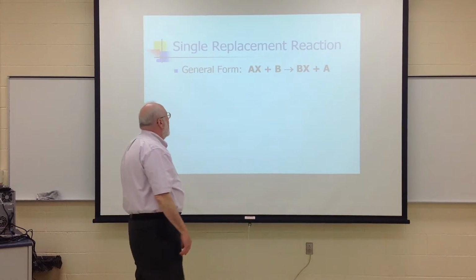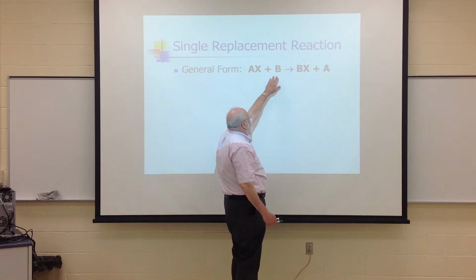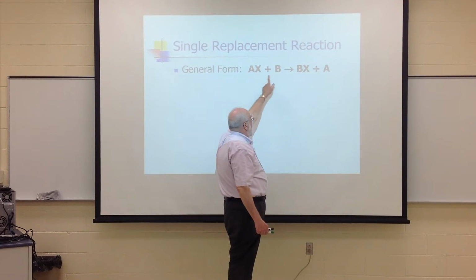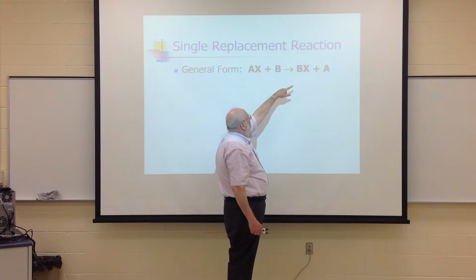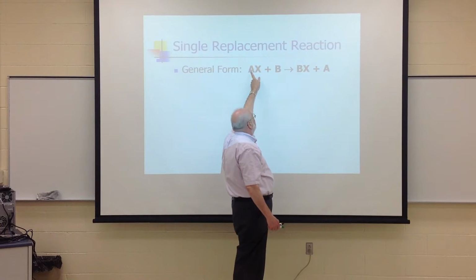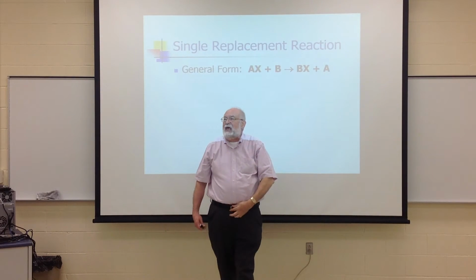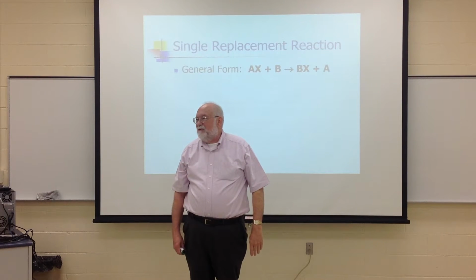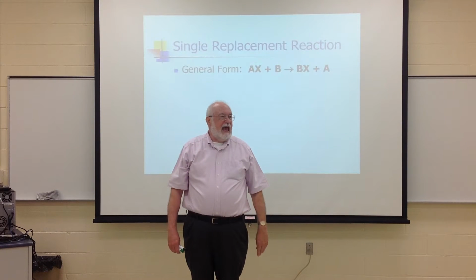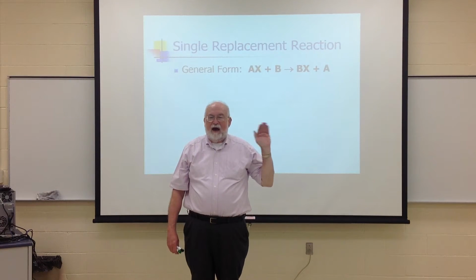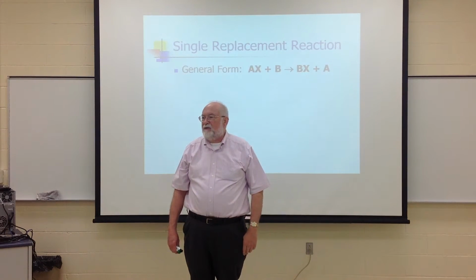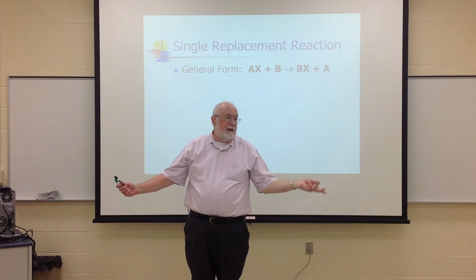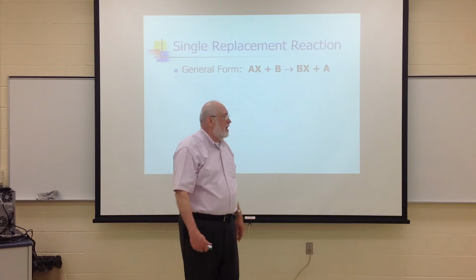Compound, right. B, element. What's happening here? Well, in essence, what's moving? It's the cation being kicked out and replaced by an element, right? In this case, in a compound, the cation is being replaced by an element. Okay, the element takes its place. All right, there you go.